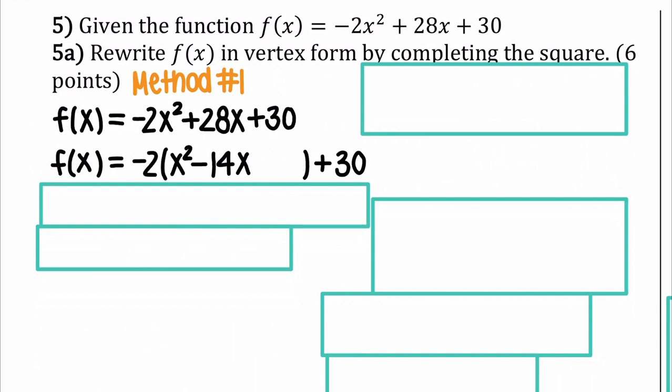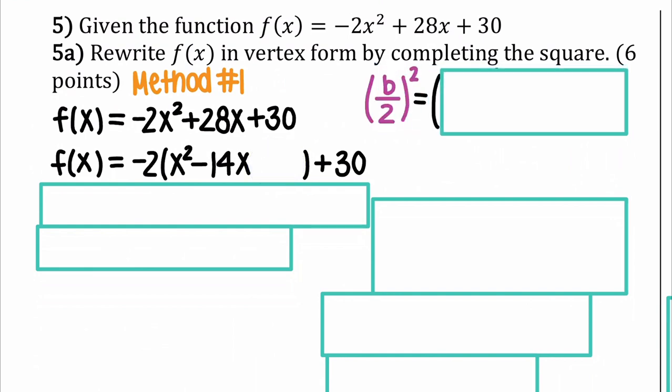Now when we decide to complete the square, or in other words, force the creation of a perfect square here, we have to maintain balance in our equation. So let's first identify what we need to put here in order to complete the square. To complete the square, we need b over 2 squared. In this case, b is negative 14, because we're going to use this value of b to create a perfect square.